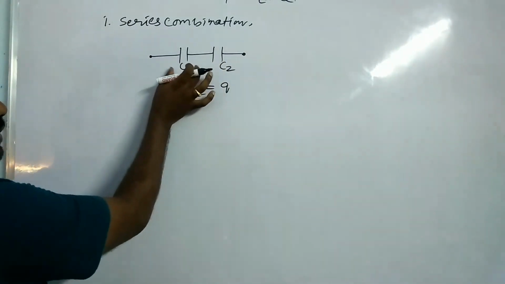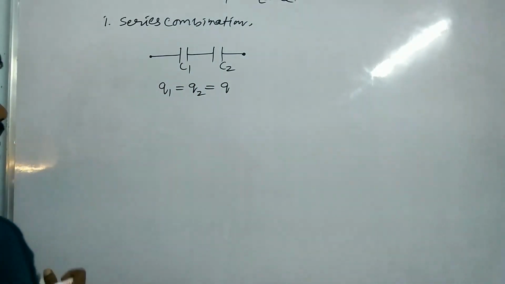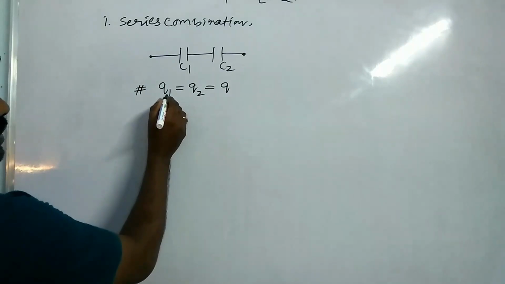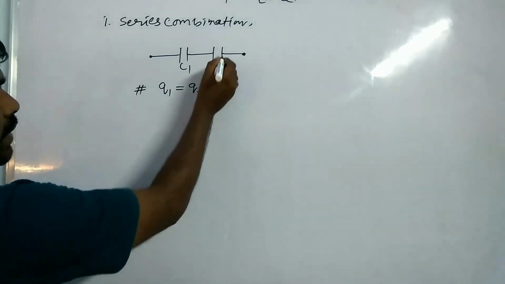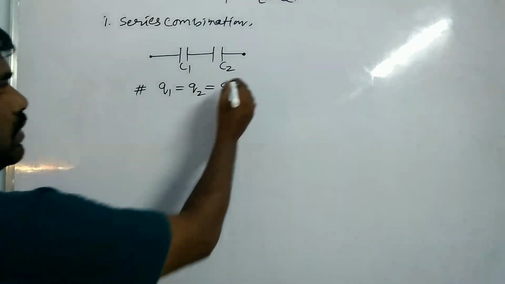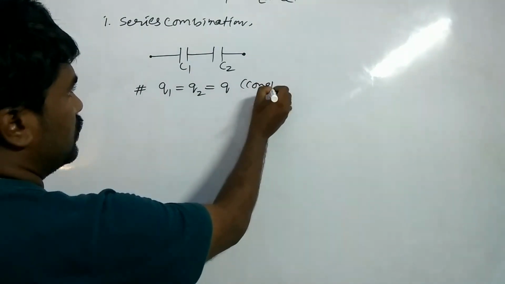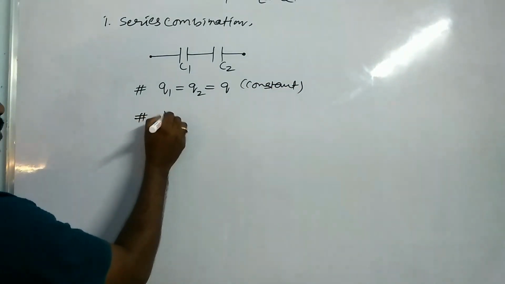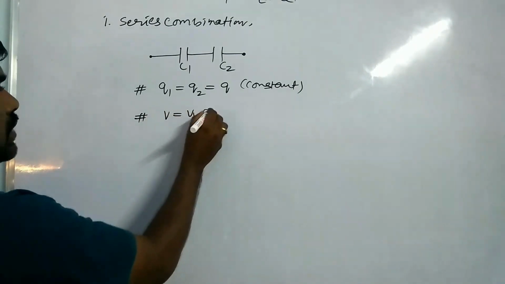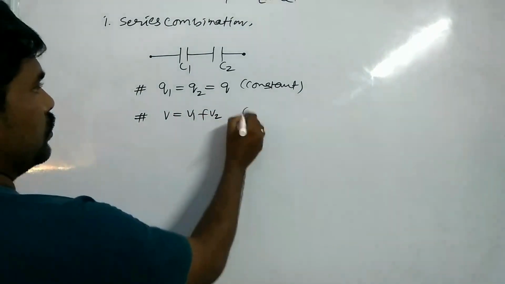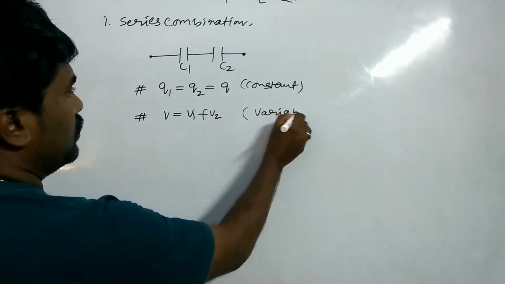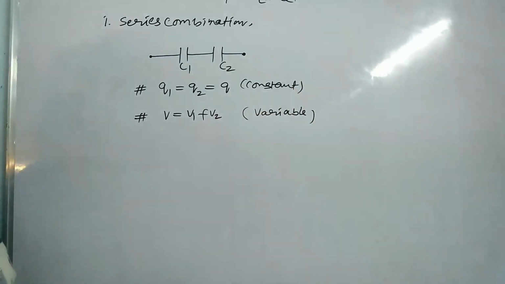So in series combination, the charge on any capacitor is equal, it is constant. The potential V is equal to V1 plus V2. So here potential is variable. You have to remember.